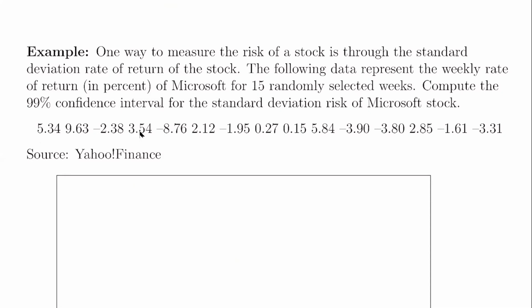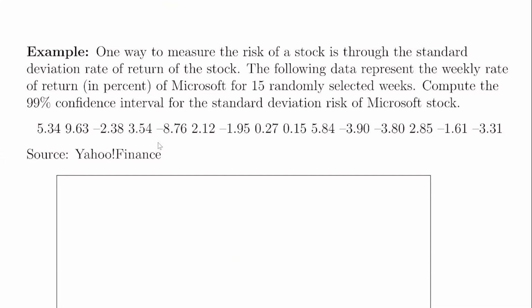So if you look at it, they don't give me the sample standard deviation, but since they gave me the data set, I can find the sample standard deviation from it. So right now I'm going to enter this data set into the calculator so that it can give me the standard deviation.